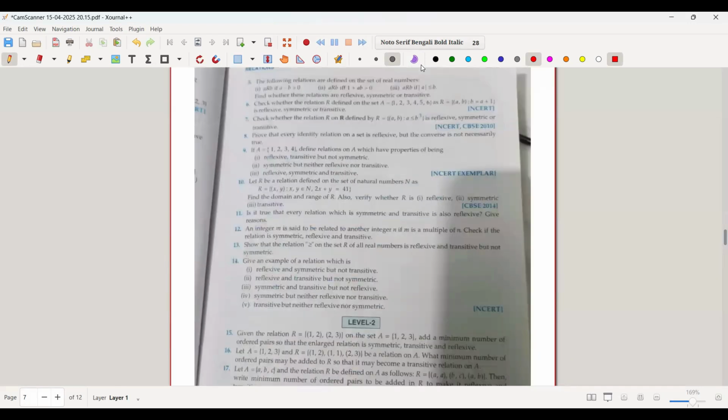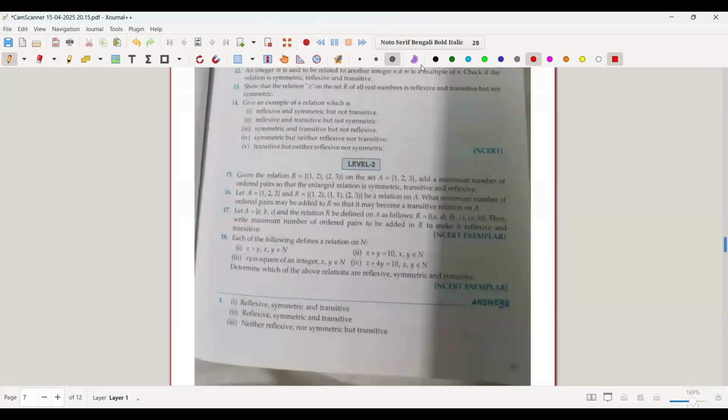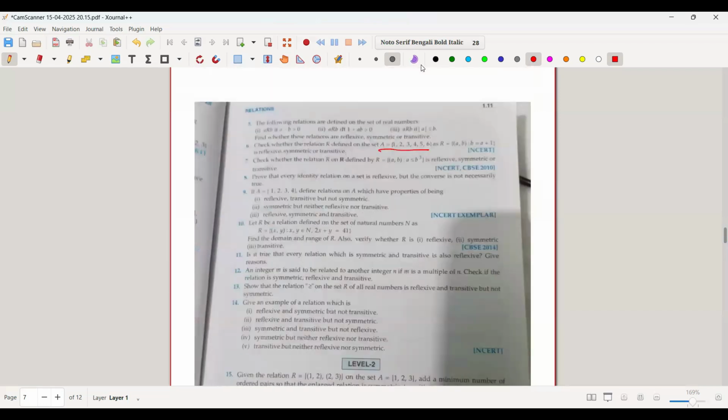Because set A is very small, only 6 elements, and R is defined as b equal to a plus 1, you can write the relation R in roster form: (1, 2), (2, 3), (3, 4), (4, 5) and (5, 6) are the elements of R.